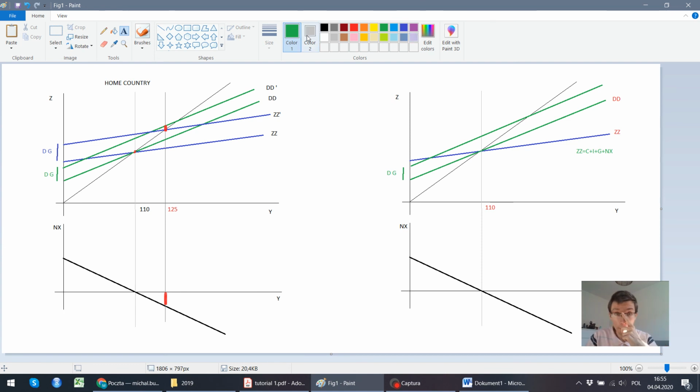Therefore, in the new equilibrium, what we achieve is a situation in which the total demand for domestic goods, once again, remember this has to be a parallel line to the previous one. You can do it easily in your notes. I cannot do it that precisely in Paint.